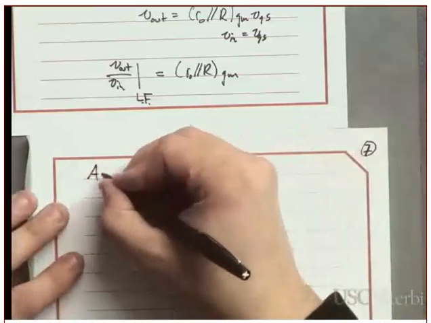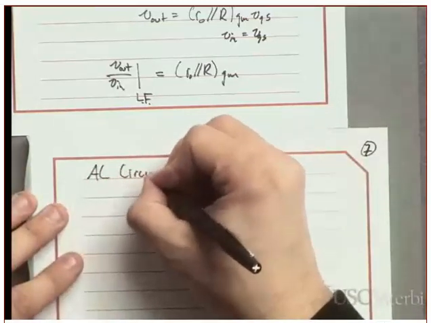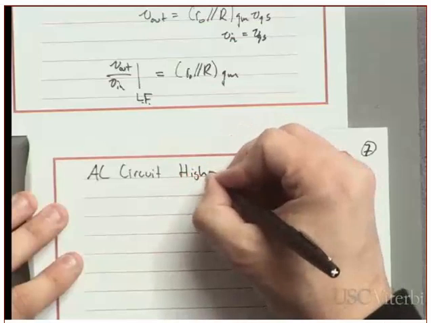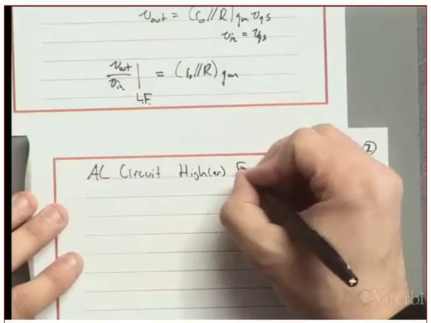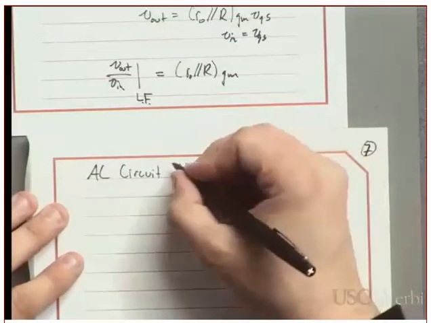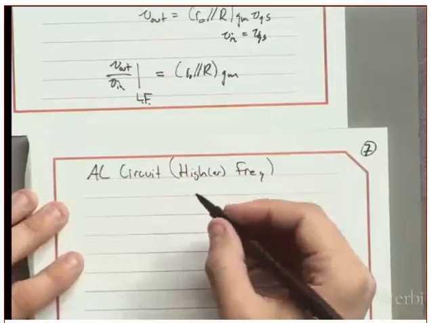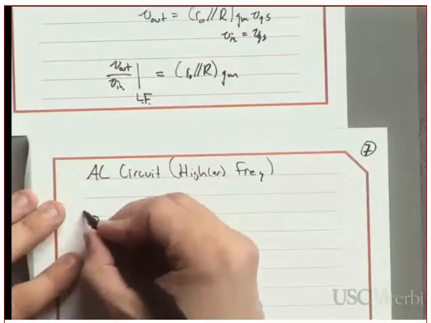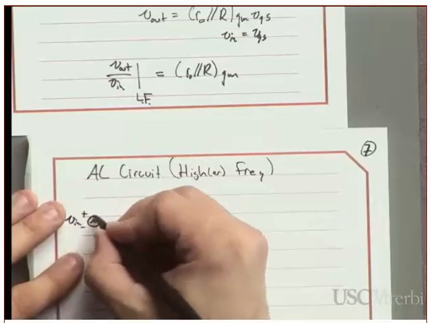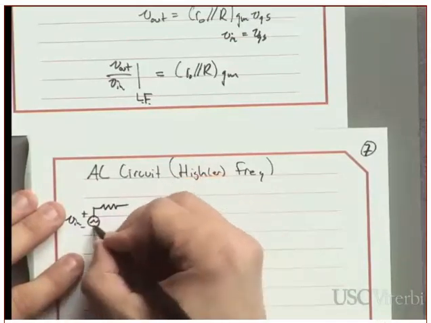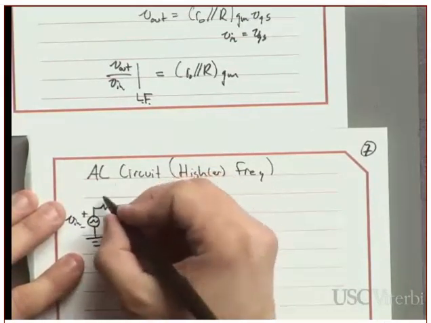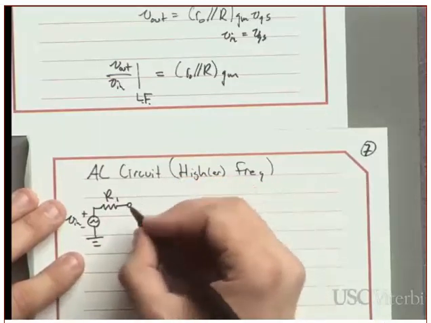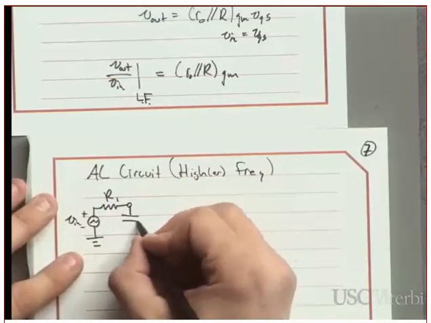So I'm going to redraw the circuit for higher frequency. So the left part over here looks basically the same. It's my resistor R1.